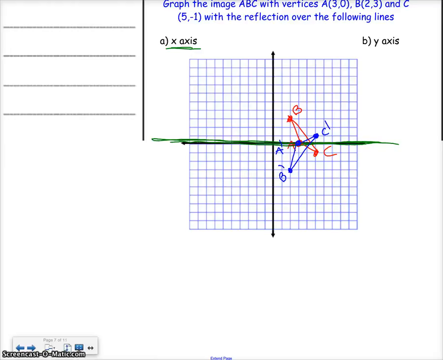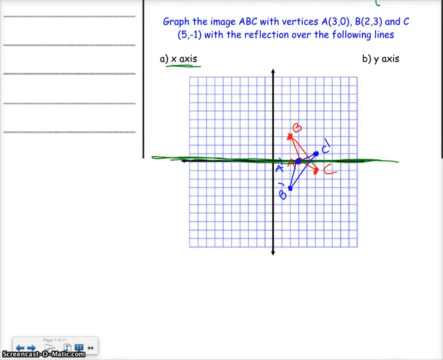Now I need to reflect it over the y-axis. Go back to the original. Don't reflect this one. Just go back to the original one. Go ahead and highlight. So I'm going to highlight my y-axis so my eyes know, hey eyes, that's what I'm looking at. Don't worry about anything else but that line of symmetry, the y-axis.